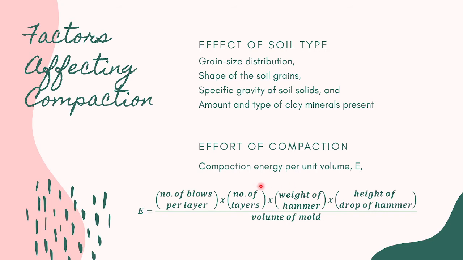This is to mimic the field conditions when the soils are compacted in the field using heavy equipments. And also for the volume of mold, the standard Proctor test and the modified Proctor test has the same volume of mold.